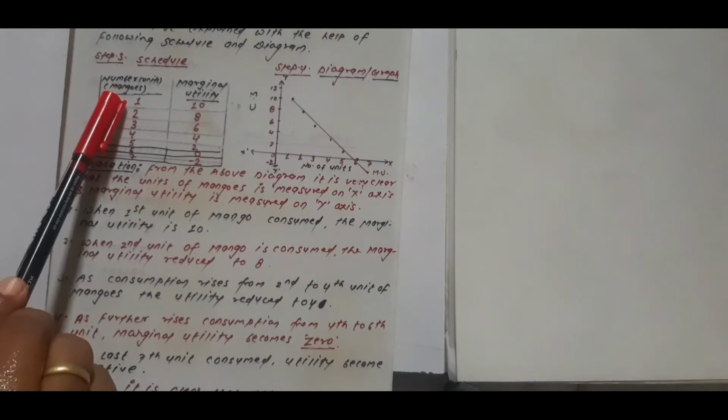See point number 1. When the first unit of mango is consumed, the marginal utility is 10. Now after this, when the second unit of mangoes is consumed, you have to write mangoes, not mango, the MU, the marginal utility, reduces to 8.